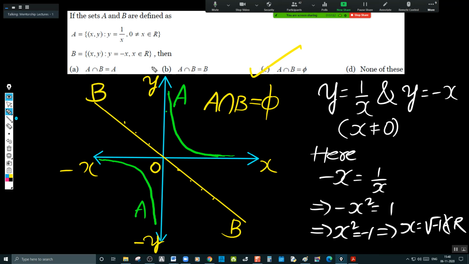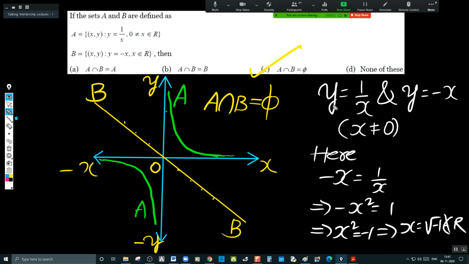Sir, in the algebraic we have equated both the equations. We have equated both the equations means we are solving the equations. You can say it as equated, but what is the perfect word technically? Solving the two equations.